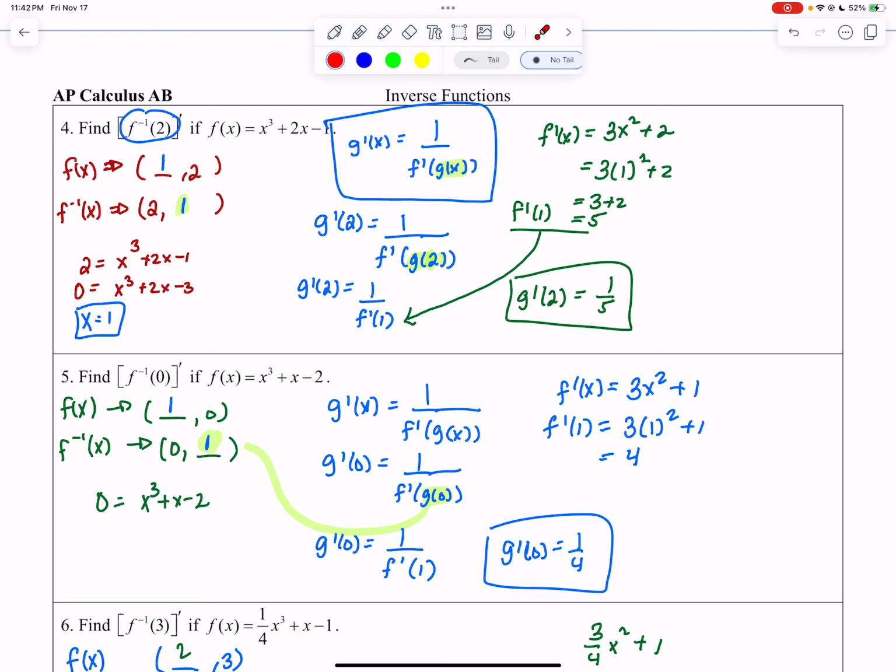That's going to give you the y value of the inverse of f, which then gives you this lovely thing right here. And then you have to take the derivative of f of x, figure out what that is, and then use that to help you with your final answer.